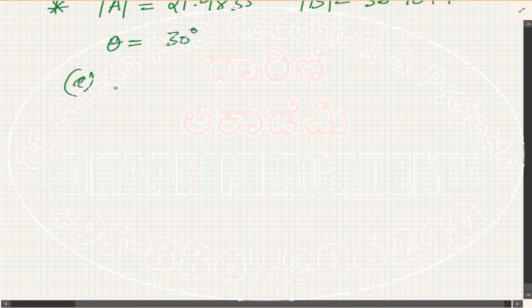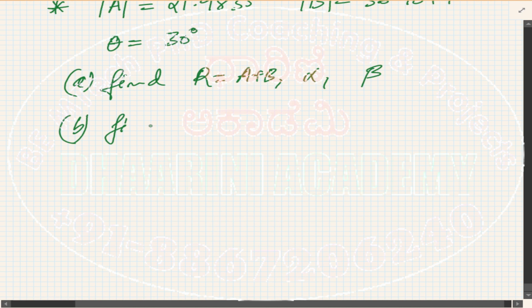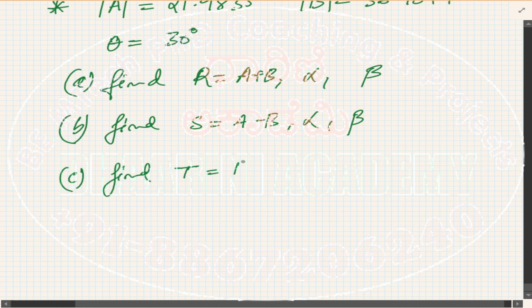So body of the question: find R equals A plus B, alpha and beta. Part B of the question: find S equal to A minus B, alpha comma beta. And part C of the question is to find T equal to B minus A and alpha and corresponding beta. Okay, please solve.